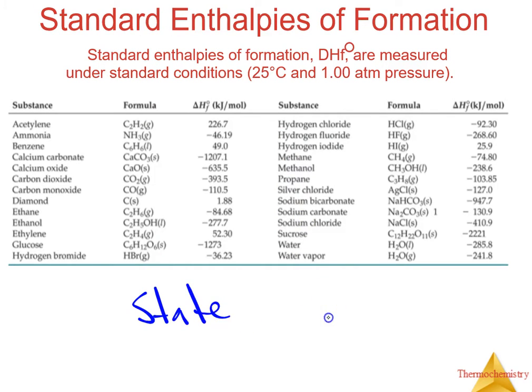Because if I'm going to use this table and it says water, you'll see two values for water. Well, it depends on if it is liquid water or gaseous water. The problem will tell you which one of the two it is, typically. But notice, these are different values.